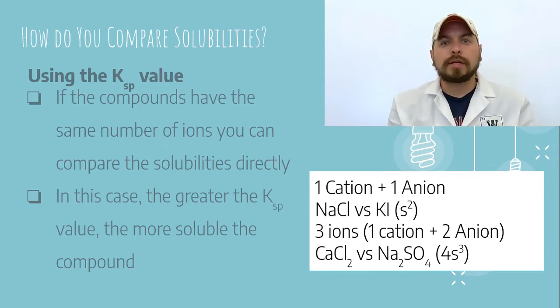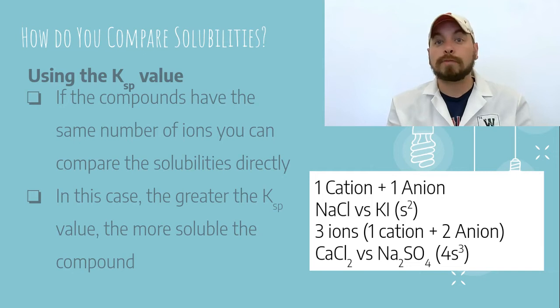The reason we can compare those directly is because, if you remember back to our equilibrium expressions, our KSPs, any two compounds with the same number of ions would have the same form in terms of S, whether it's S squared for any compound with two ions or 4S cubed for any compound with three ions.